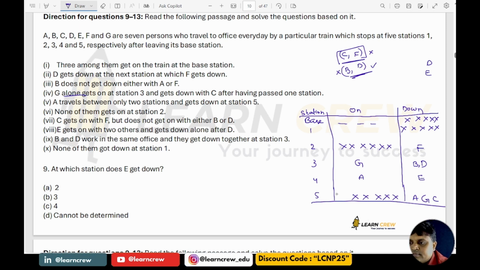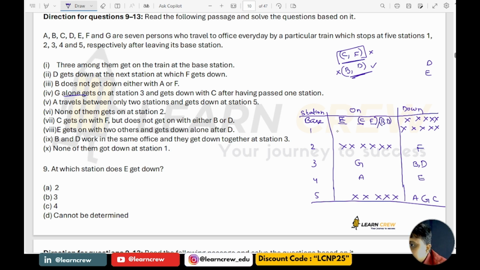The remaining people are C, F, B, D and E. It is given that E gets on with 2 others. So E must get on at the base station with 2 others. Those 2 others can be CF or BD.